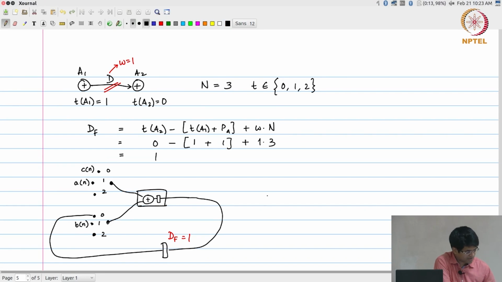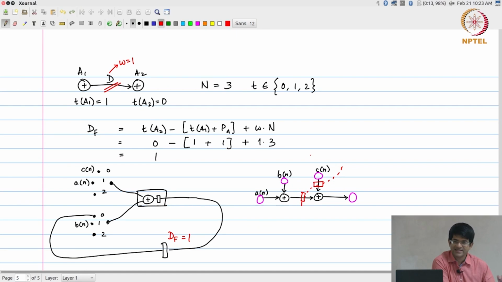I need to make sure that since my original graph looked like this, in principle, even though I am not marking them, these are also nodes as far as the system is concerned, which means that a proper pipelining will have to be like this. If I insert a delay element over here, I also need to insert one delay here, so that the c gets delayed appropriately by one clock cycle before it is being applied to the input.